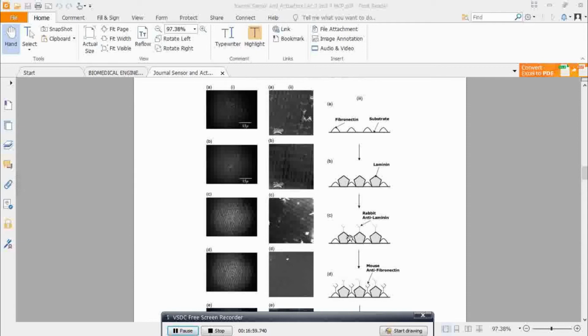Yes, of course. We attach the laminin with laminin antibody, rabbit anti-laminin antibodies, and we couple them onto the laminin. Now you can see the contrast is getting higher, with the patterns much more visible, right?